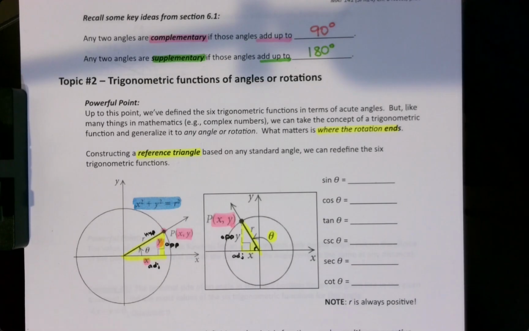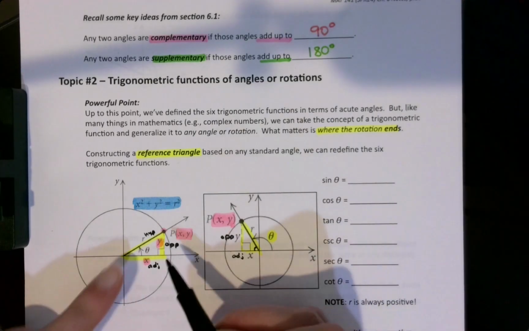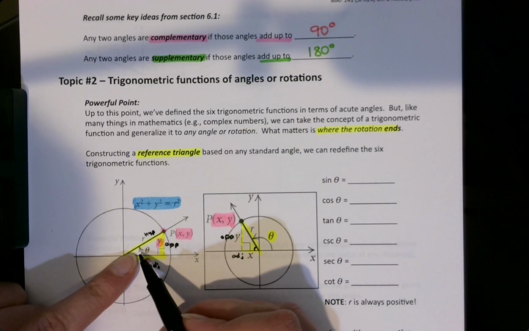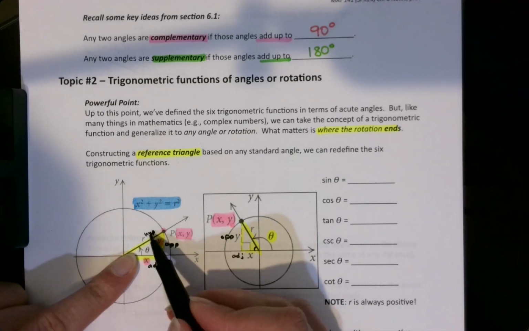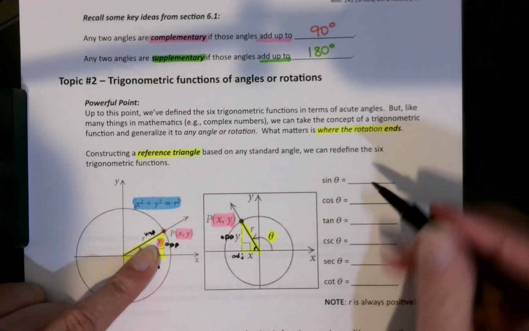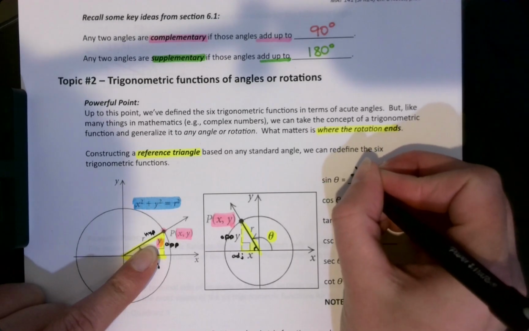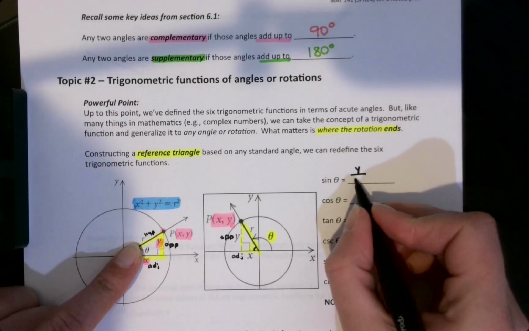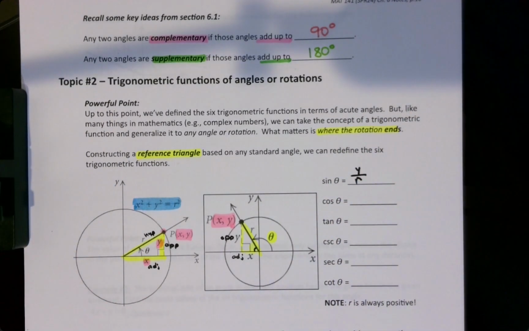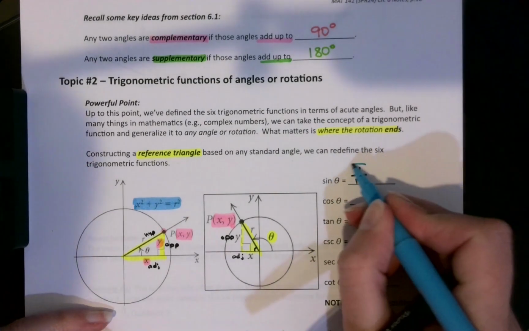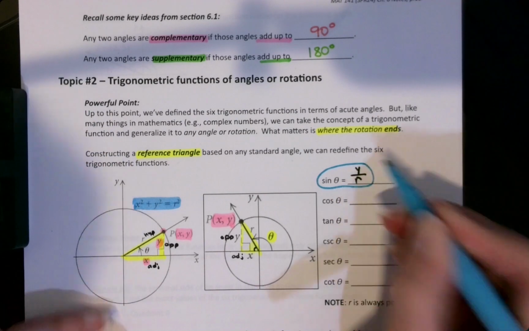Okay, so with this in mind, the sine of the angle, we know the sine is always equal to the opposite divided by the hypotenuse. The opposite side is y, divided by the hypotenuse side, r. So my sine function is now equal to the y value divided by the r value.